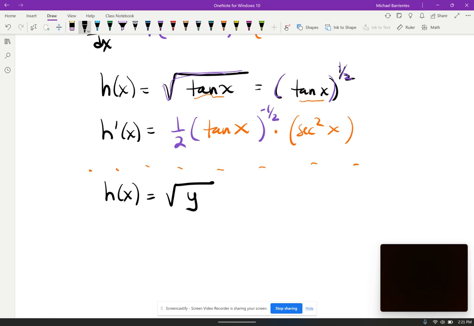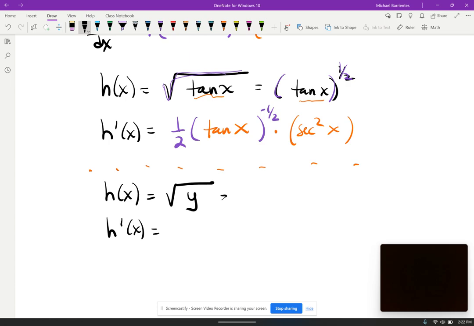How would I find h prime of x if I didn't know what my inside function was? But I knew that it's in terms of x because I see h of x. So that means this isn't my variable. This is the name of the function that uses this variable. Now, in our previous example, we know that y is tangent x, right? But how would I find the derivative of this?